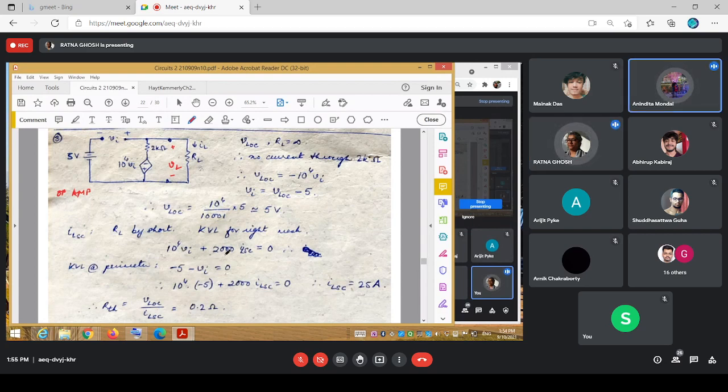Can you explain once again? Yes, sure. In the shorting of it, we are actually shorting this particular path.